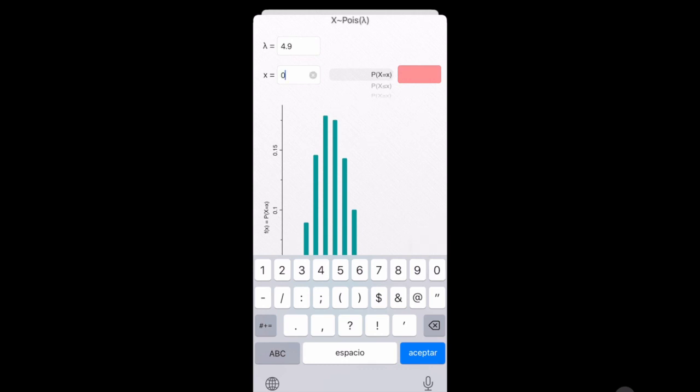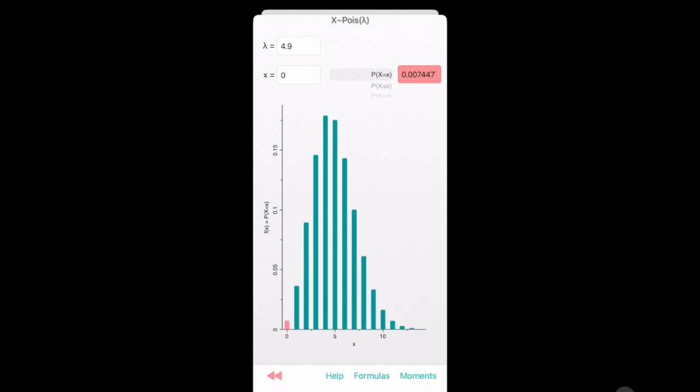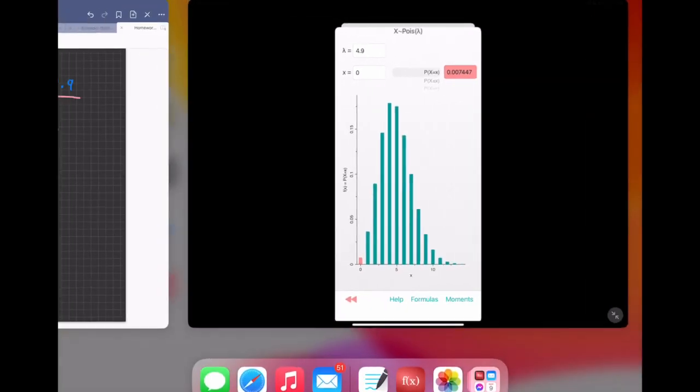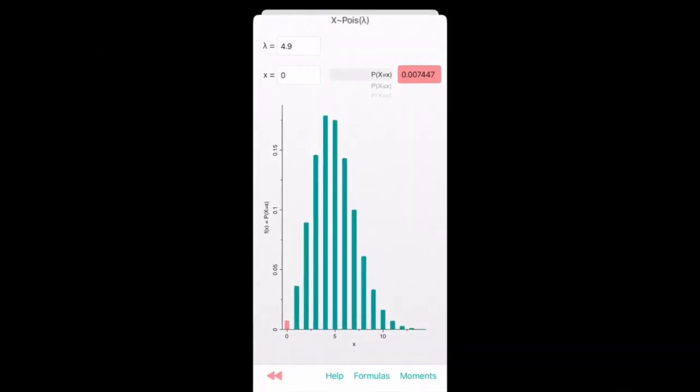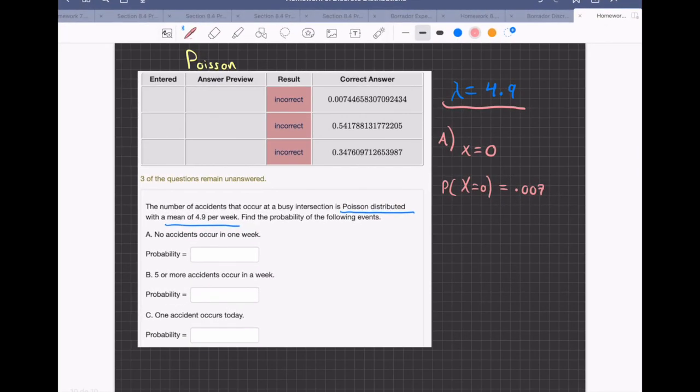Here x equals 0, and the probability of x equal to 0 is 0.007447. You can see the answer we have here, with more decimals.